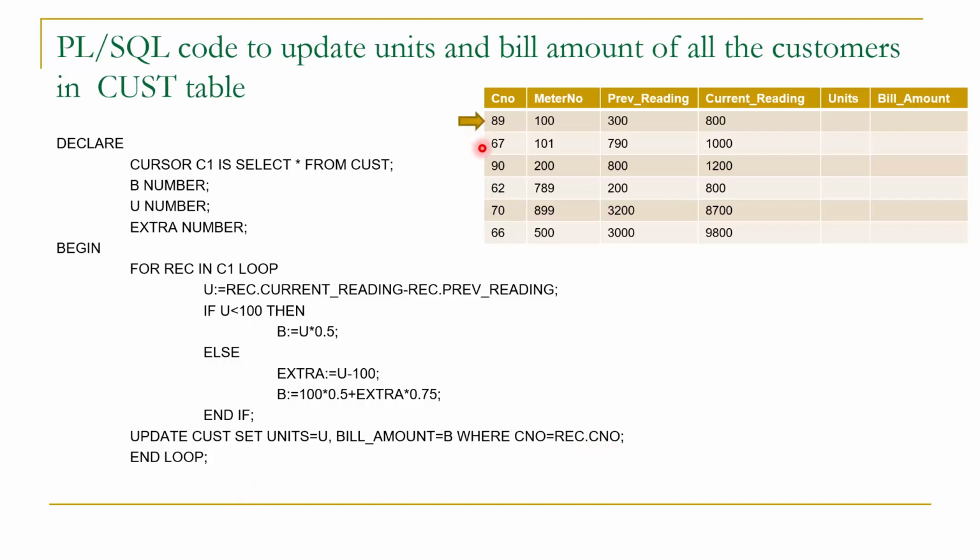In the second cycle, it will refer to 67. Then in the third cycle, it will move to 90 and so on. After processing all the records, this PL/SQL block is completed with the end statement. Here this PL/SQL block is updating the units and bill amount of all the customers. And for this, we have used the concept of explicit or user-defined cursor.